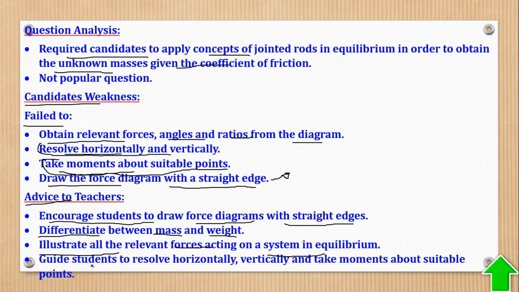So all forces must be shown on the diagram. Then guide students to resolve horizontally, vertically, and take moments about suitable points. So in mechanics, resolving and taking moments is very vital. They are the key concepts. So you should look for ways of mastering them.